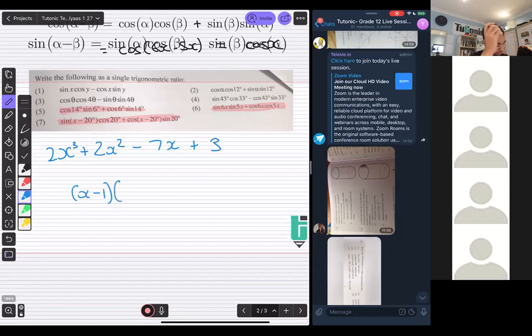What must you multiply x by to give you 2x cubed? 2x squared. Then this will give you minus 2x squared, but you need plus 2x squared.